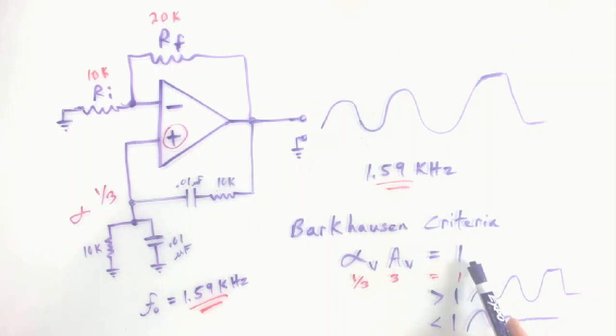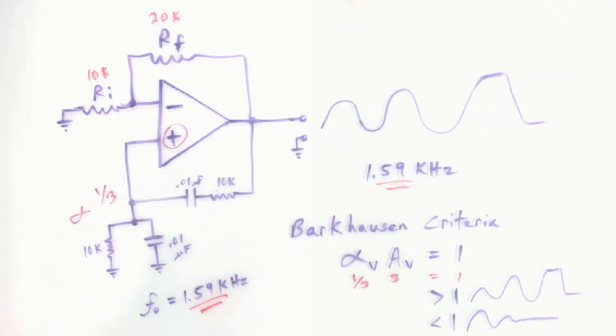It has to be exactly 1 so that it'll stay at a nice sine wave shape. And if it's a little over, then there you go, you'll eventually get some distortion. And if you're a little bit under, well, it won't start or it'll die out. So this is a simple concept, but it is a challenge to maintain the perfect amount of gain that matches the attenuation of your positive feedback network.